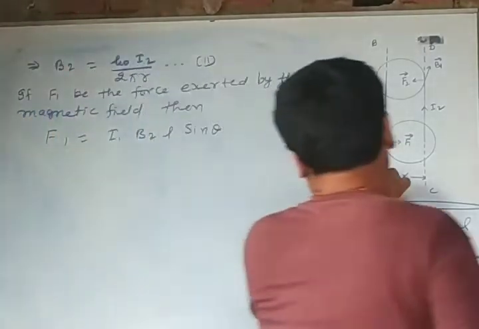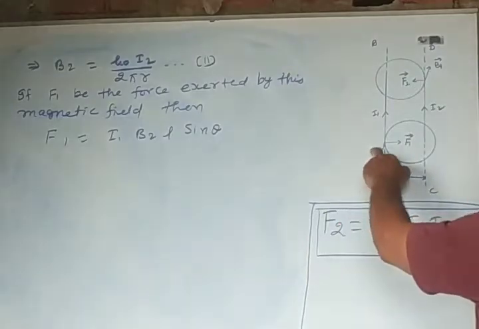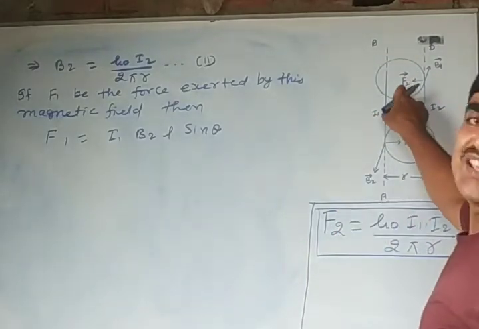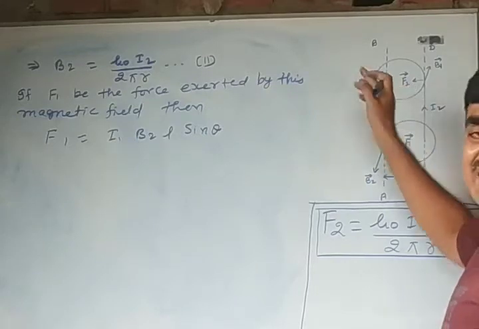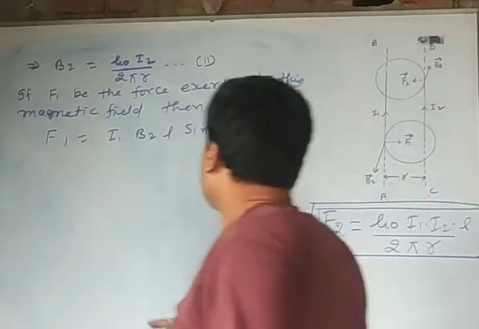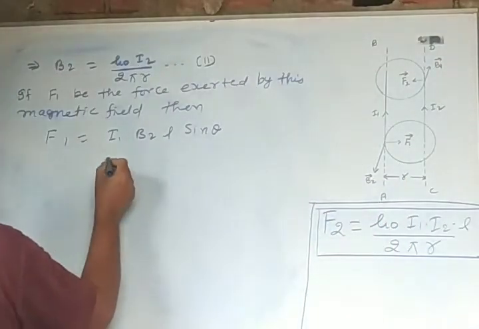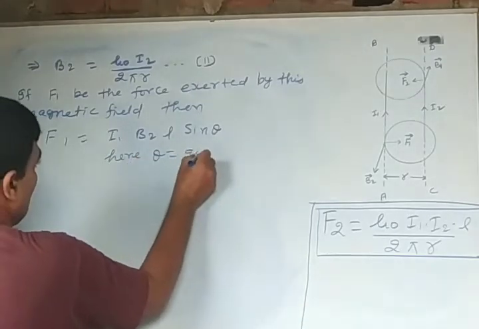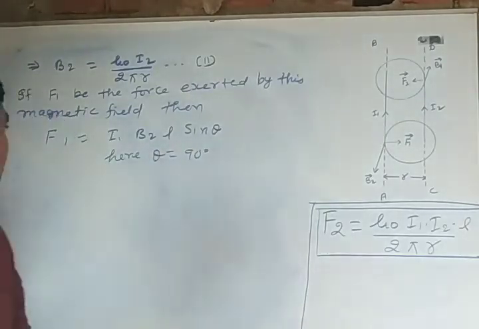Here magnetic field B2 is also perpendicular to the wire AB. That means the angle between them is 90 degrees. Here theta is equal to 90 degrees.